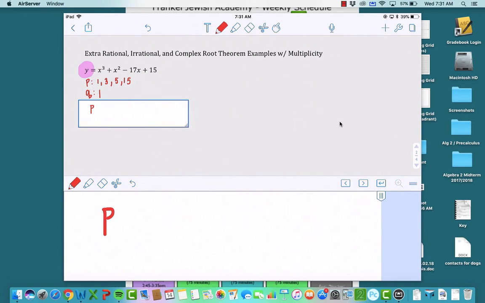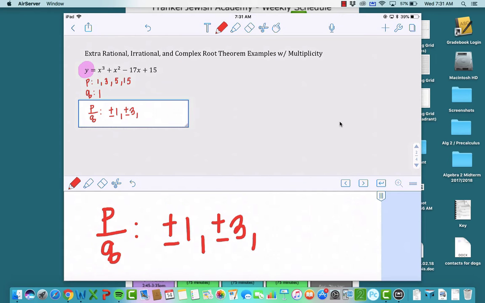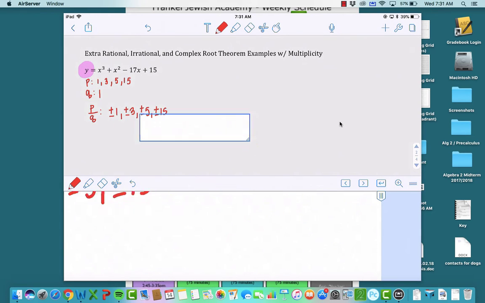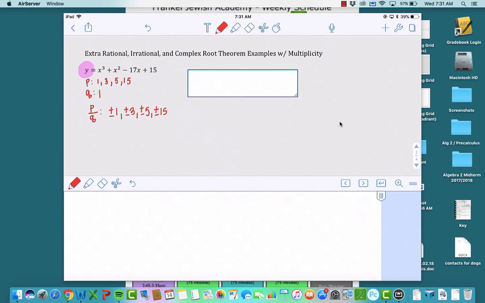So when I do P over Q, I get plus or minus 1, plus or minus 3, plus or minus 5, and plus or minus 15. You do all of the P's divided by all of the Q's, which is pretty easy because Q is only 1. So you have 8 possible rational roots.